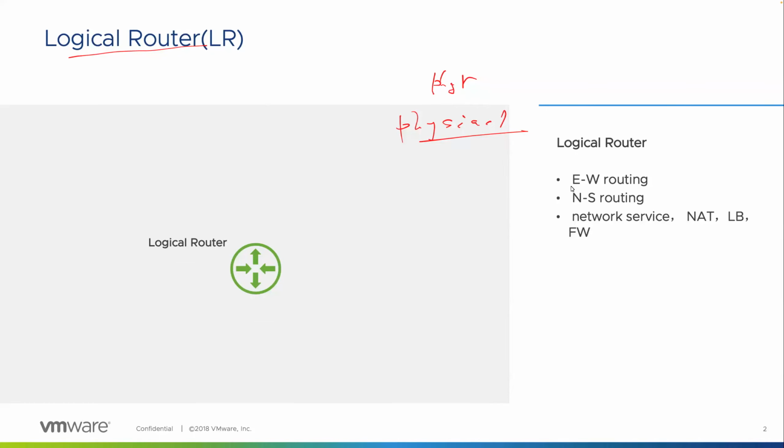It provides east-west routing, which is inter-segment, or previously we called it inter-VLAN routing. Now here we have inter-segment routing, which is east-west routing, or north-south routing, which is the traffic coming into the NSX system and going out of the NSX system.